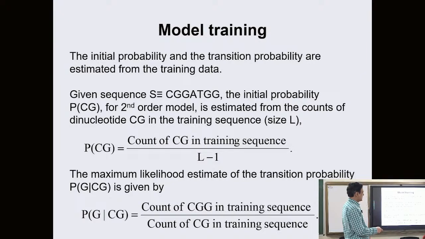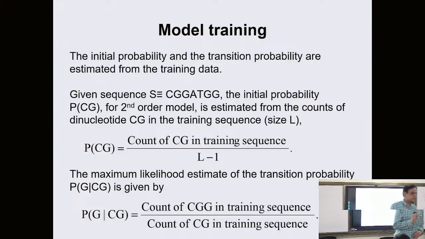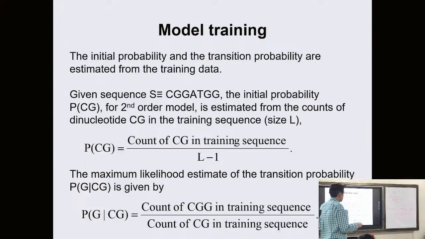You need the initial probability of CG and the transition probabilities, from CG to G, from GG to A, from GA to T, and so on.